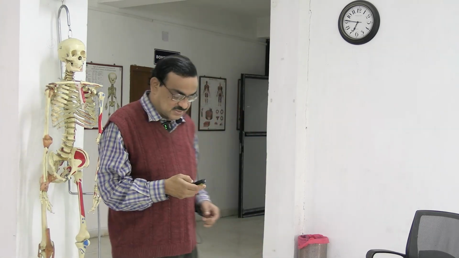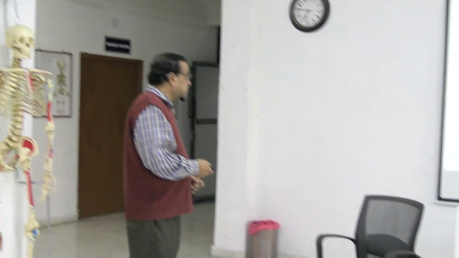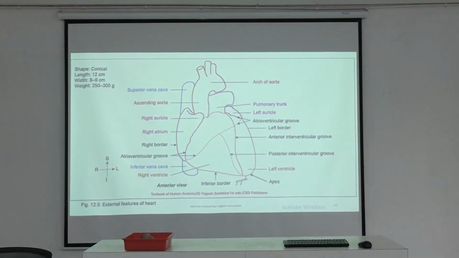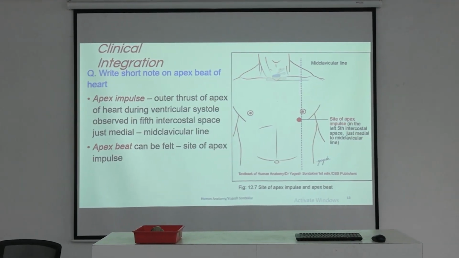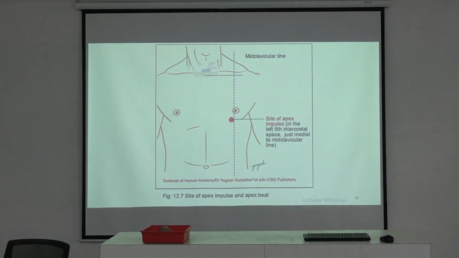That is the apex. That same apical impulse and everything. So here we can see the site of the apex and also the apical impulse. Okay, we can feel.